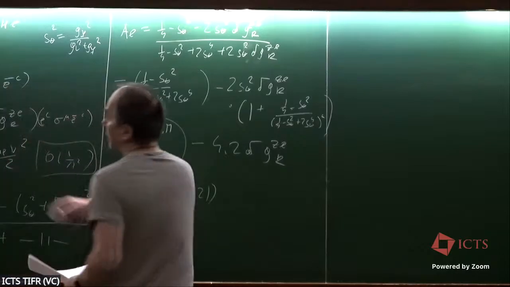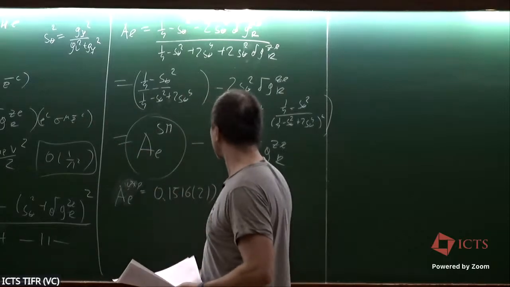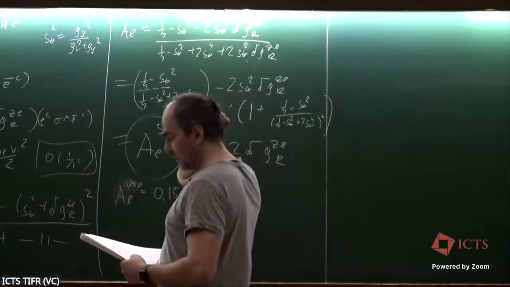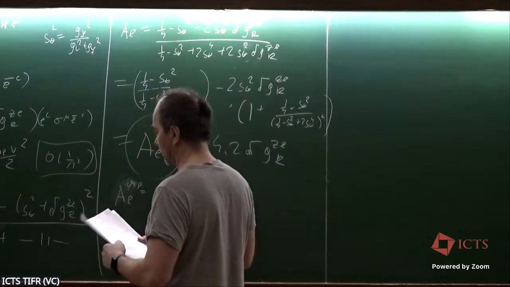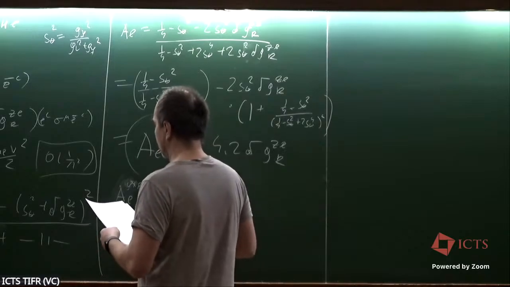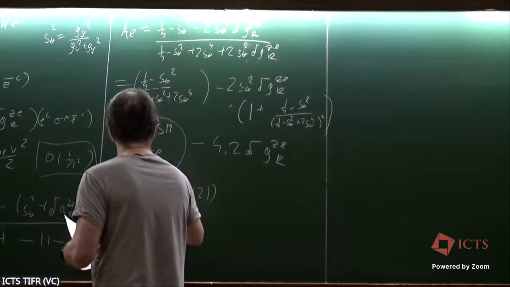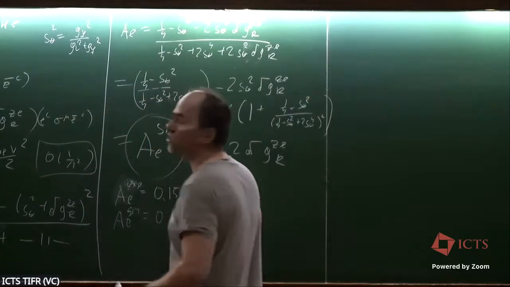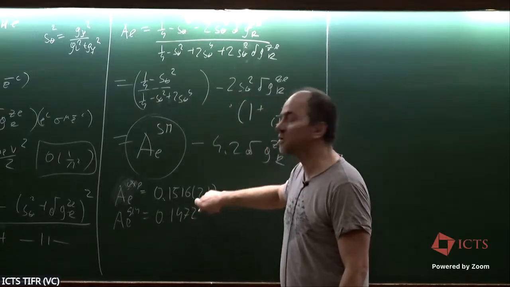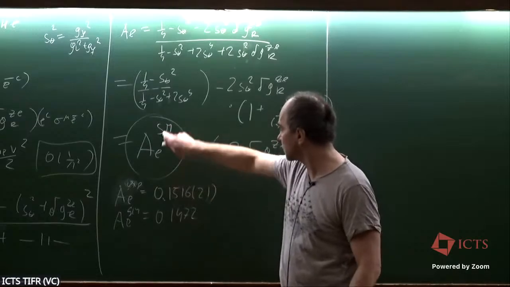And their precision is much lower. And this A_E SM is equal to 0.1472 with a negligible error. The error is much smaller, and this number includes all the corrections.